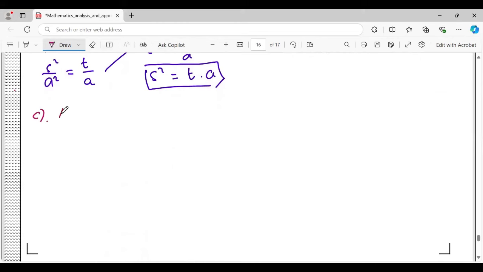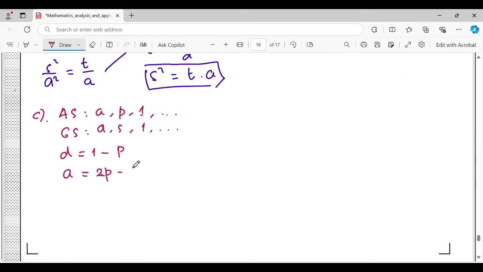For the arithmetic sequence a, p, 1, and the geometric sequence a, s, 1, and so on. From the arithmetic sequence, d equals 1 minus p. And just now, we already got that a equals 2p minus q.